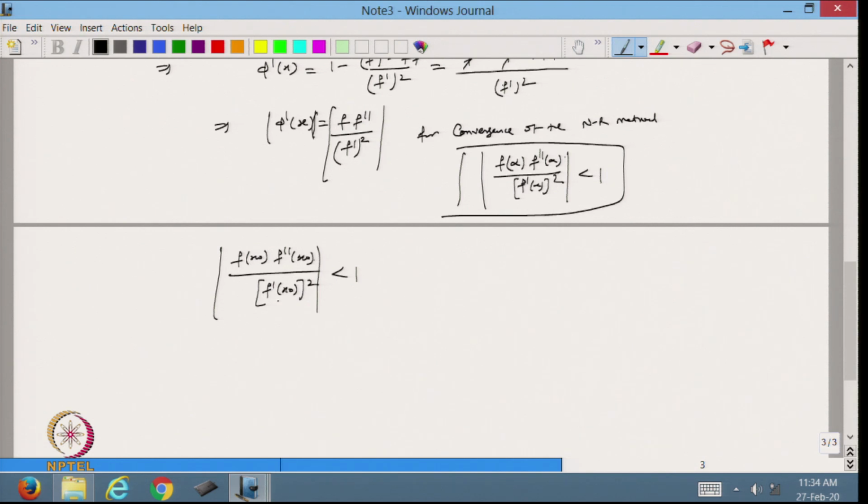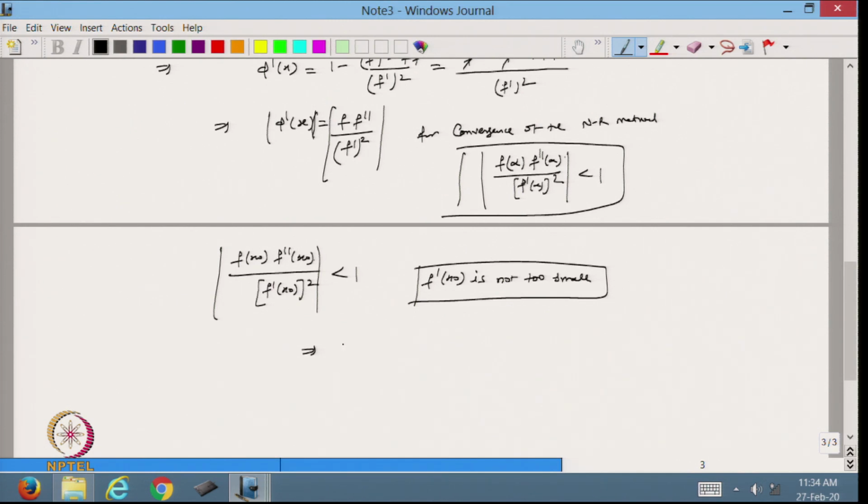So, we have to take the function or the value such that my f dash x naught is not too small. That is also one of the conditions. And how is it possible? In the initial lecture I told you about the simple root and the multiple root.